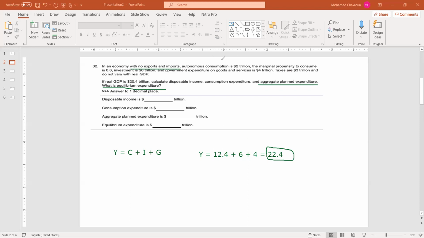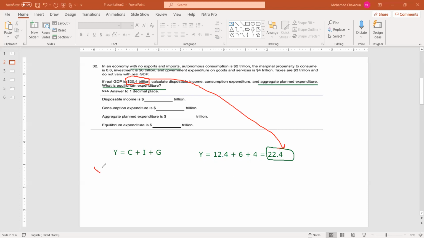However, real GDP is equal to $20.4 trillion. So we don't have equality between the two. So it's not an equilibrium expenditure.